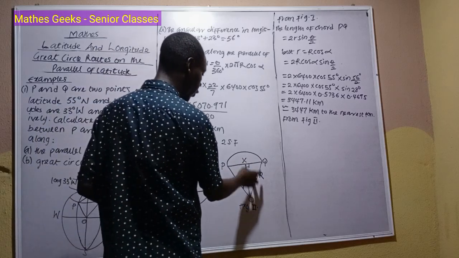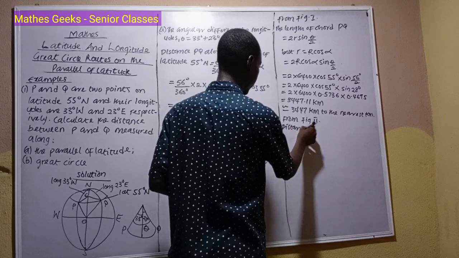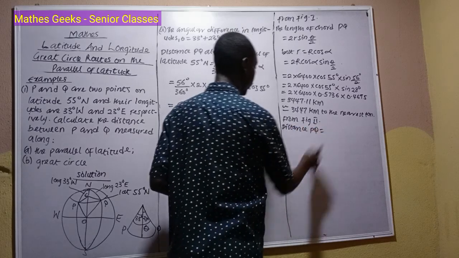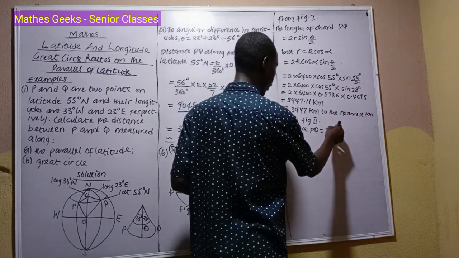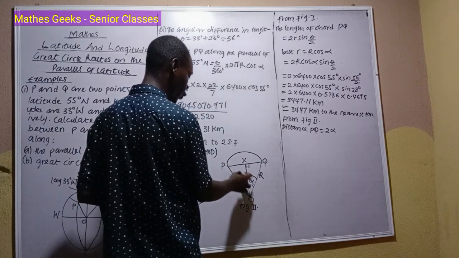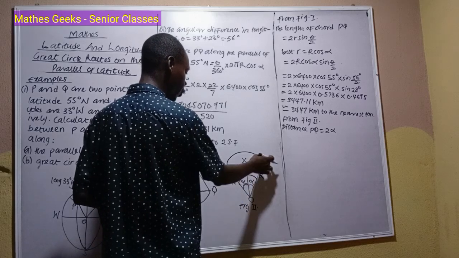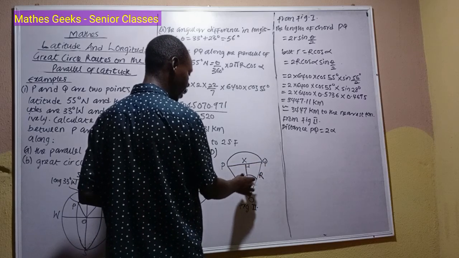Now from the great circle, remember the distance PQ on the great circle is equal to 2 alpha. Why? Because the total angular difference between P and Q from the equator is 2 times alpha.